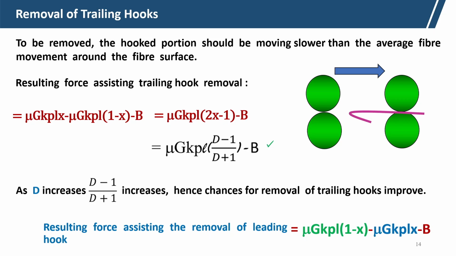As d increases, when the draft increases, d minus 1 by d plus 1 will increase. Hence, the chances of removal of the trailing hook improve. But on the other hand, for the leading hook, this is not the case. Okay.